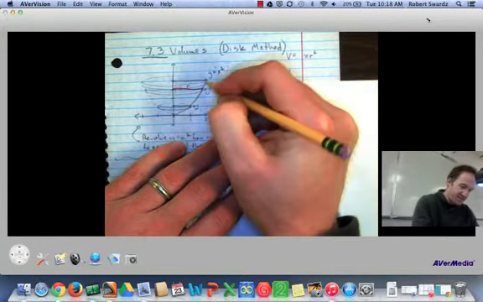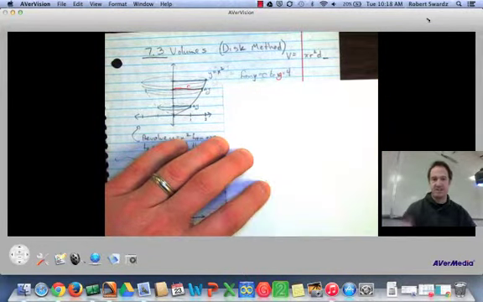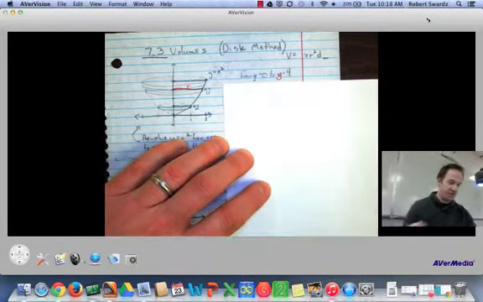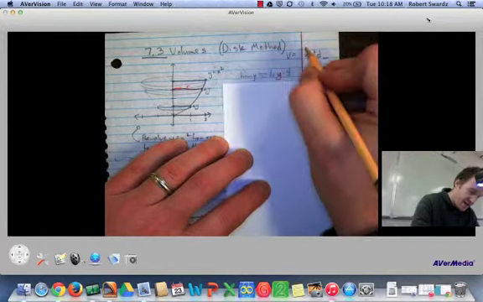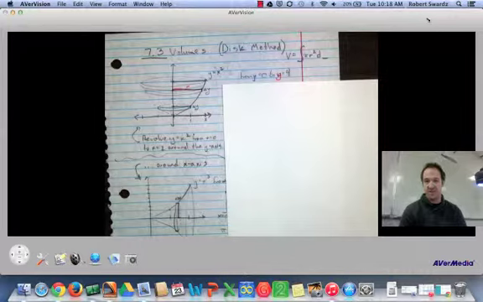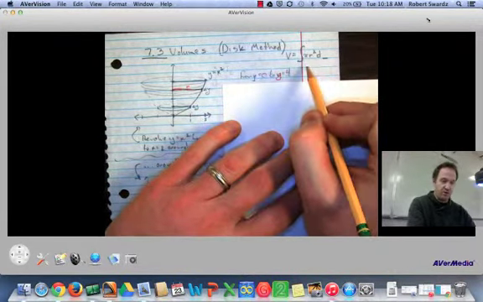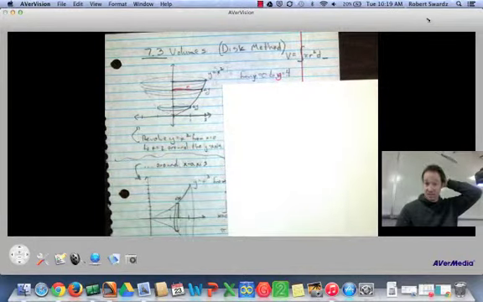And the thickness is d something. Sometimes it's x, sometimes it's y. I'll show you in a second how to figure that out. And then we add the volume of all those disks together. The integral does that. So this is our general formula for finding volumes using the disk method.